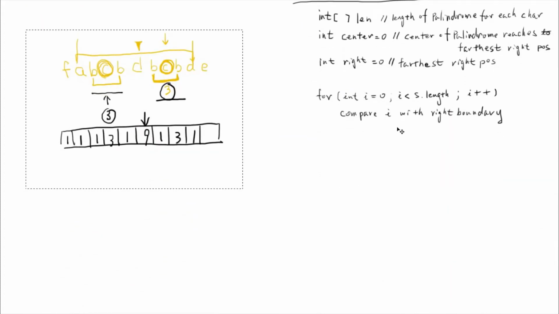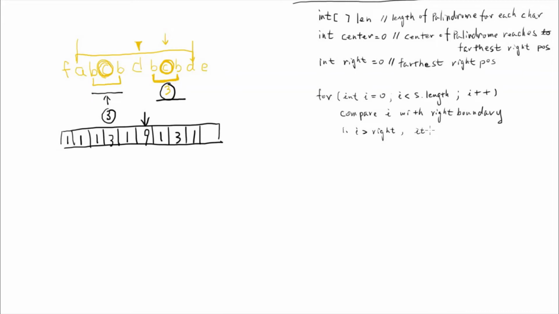So when we compare the I with the right boundary, there are three scenarios. The first scenario is I is greater than right. It means it's outside of the boundary.